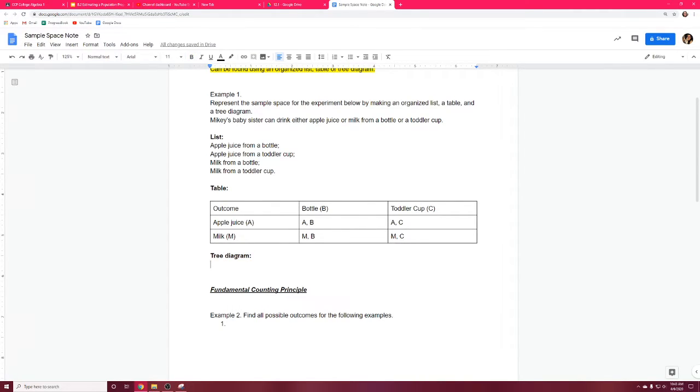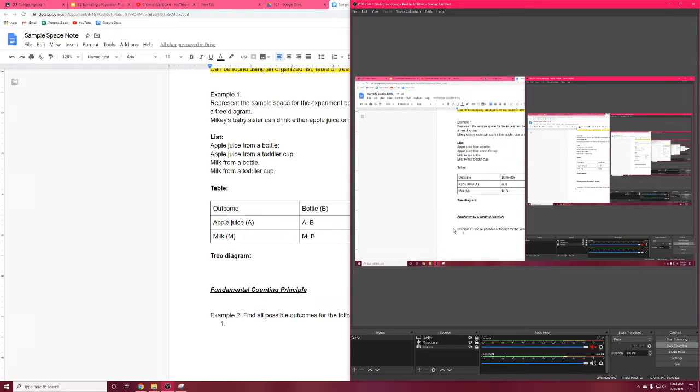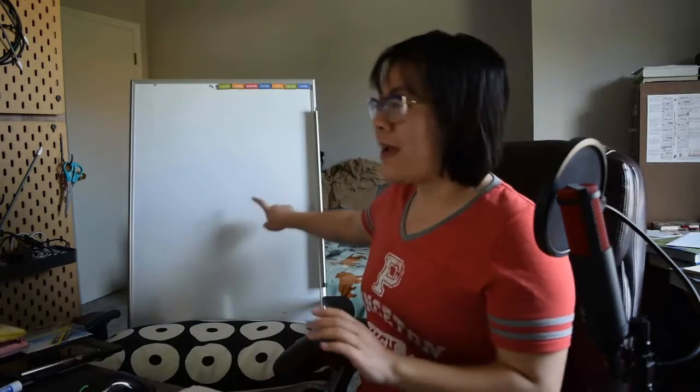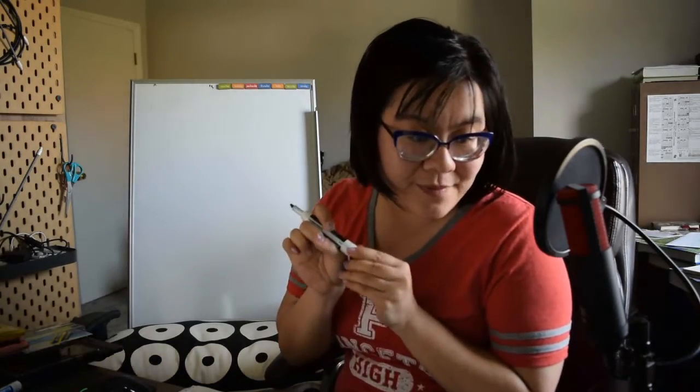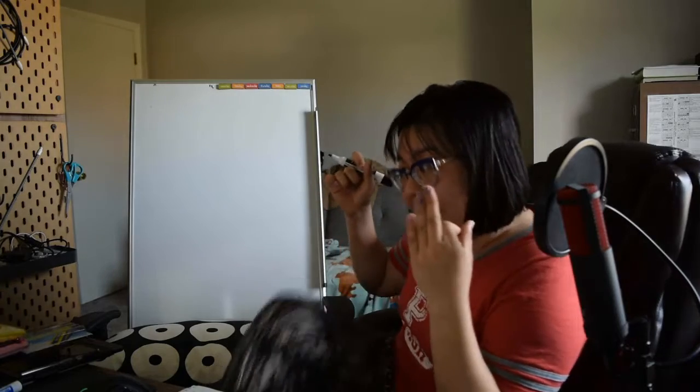For the tree diagram, it's a little bit harder for me to write on the Word document, so let me put myself back on here. We're gonna use this board to give you a tree diagram. If you remember the question, first of all, the baby is going to pick a drink.